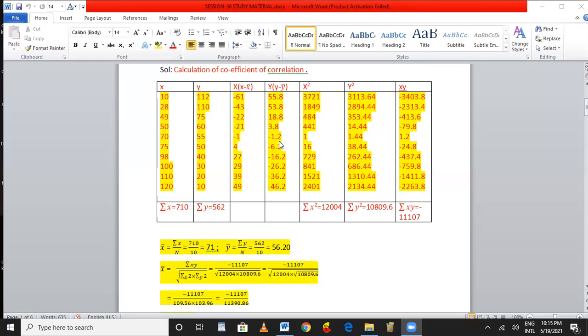Minus 1 into minus 1.2, 1.2. 4 into minus 6.2, minus 24.8. 27 into minus 16.2, minus 437.4. 29 into minus 26.2, minus 759.8. 39 into minus 36.2, minus 1411.8. 49 into minus 46.2, minus 2263.8.